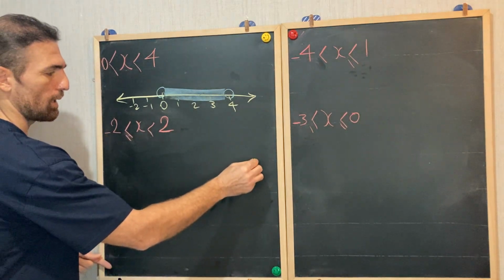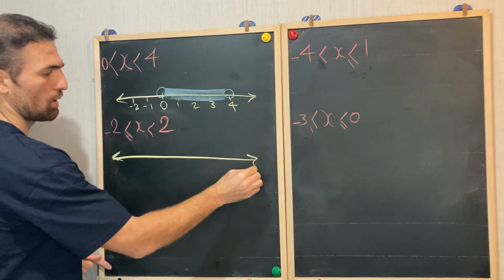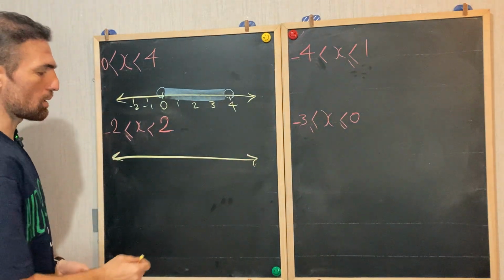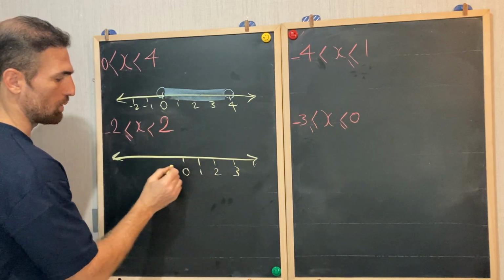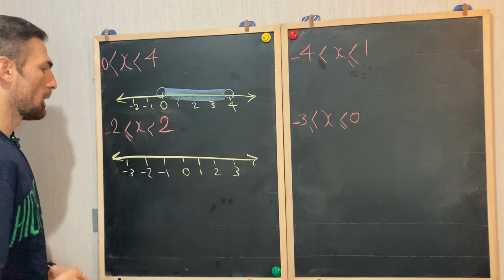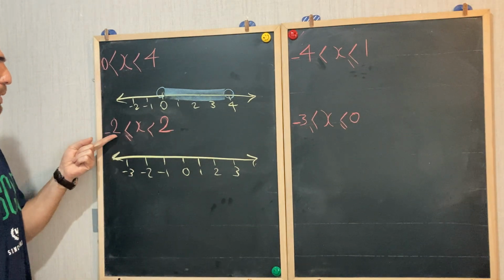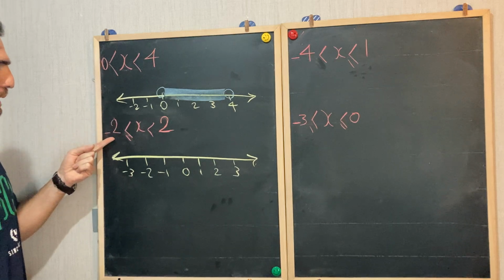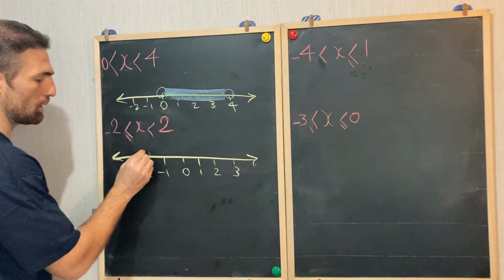Step 1, graph a number line, show the numbers on this number line: 0, 1, 2, 3, -1, -2, -3. Let's start with x is greater than or equal to -2. I find -2. There is a circle above the -2.